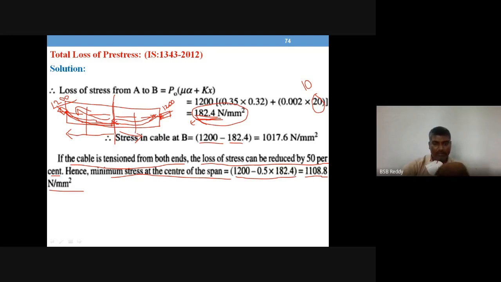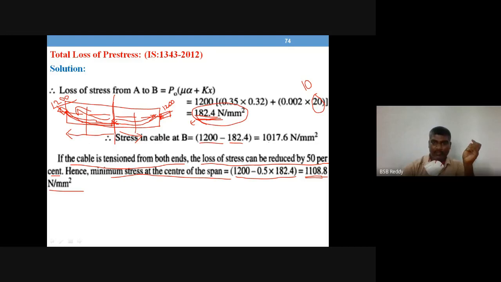If it is possible to jack from the midpoint, you can reduce again half of the friction loss, so it becomes one fourth. So the jacking operation decides this: use more number of jacks for a particular cable and you can reduce friction losses.